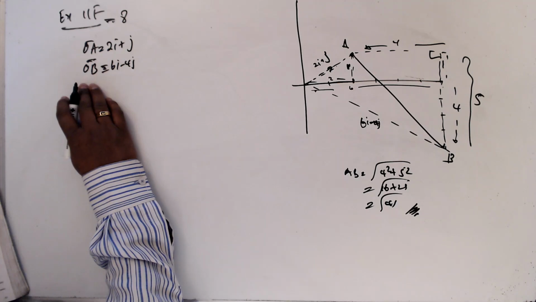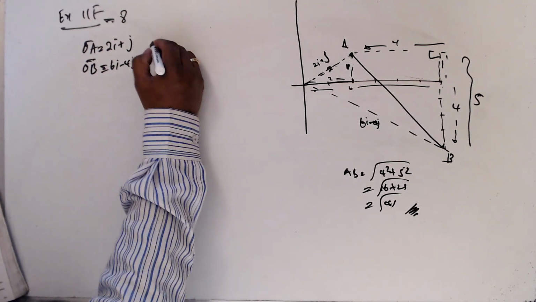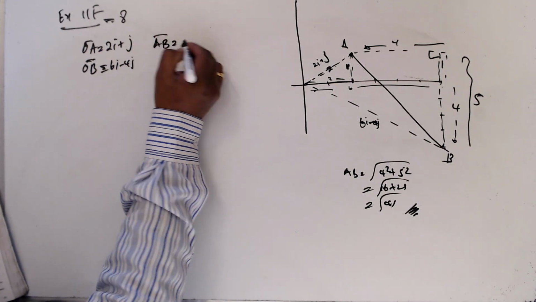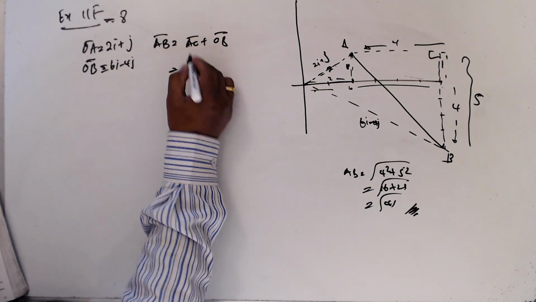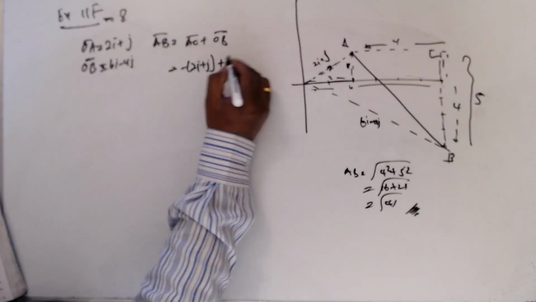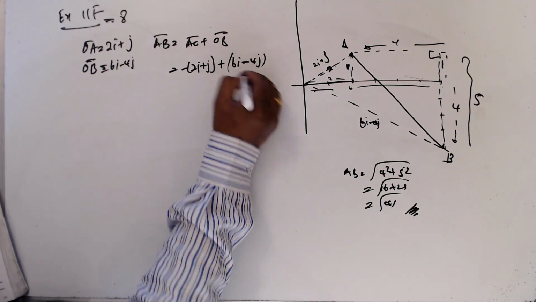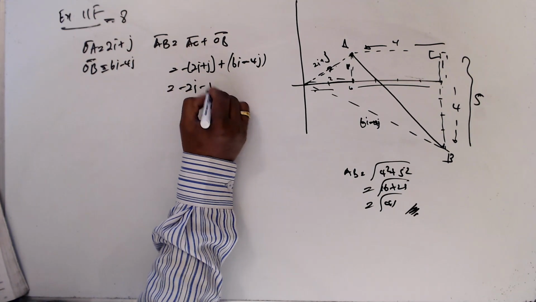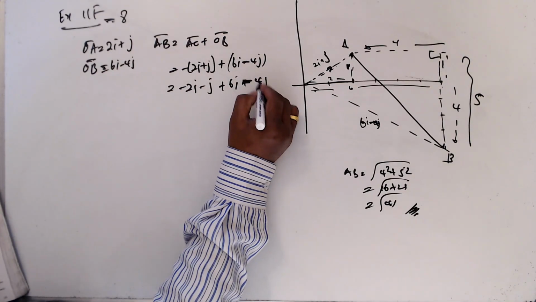So you can work with the vector form. You want AB. AB means AO plus OB. AO means minus 2i minus j, and OB is 6i minus 4j. So minus 2i minus j plus 6i minus 4j.